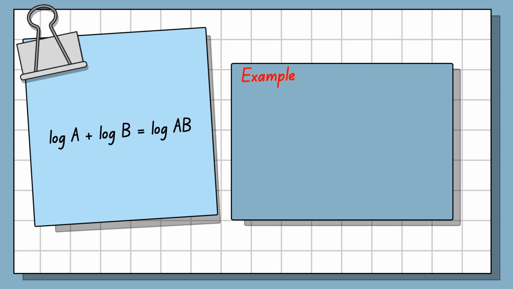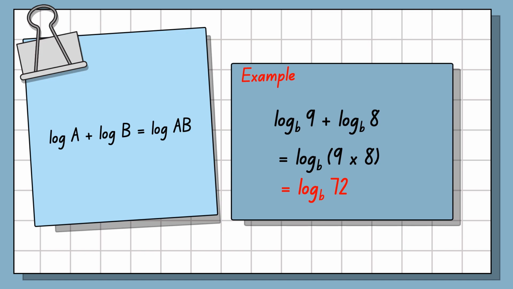Another example, log base b of 9 plus log base b of 8 is equal to log base b of 9 times 8, which is equal to log base b of 72.